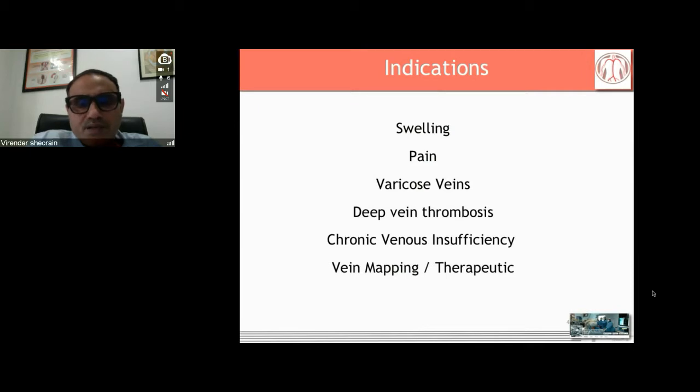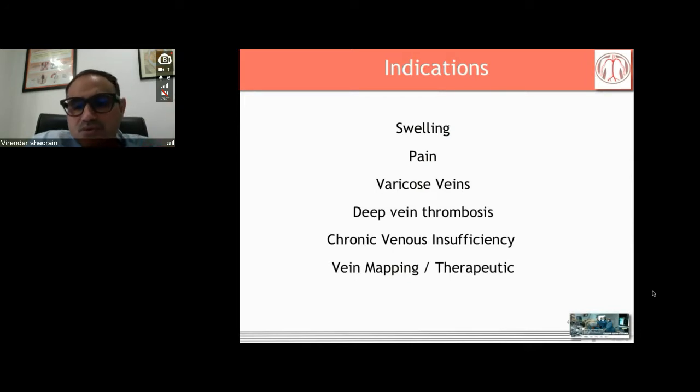Another indication is deep vein thrombosis: acute onset swelling and pain with redness that is not resolving, and the patient will try all kinds of maneuvers. So DVT. Then there is venous insufficiency, and now there is a big field of patients on hemodialysis, men or women needing venous mapping for making an access, which is called an AV fistula or a graft.